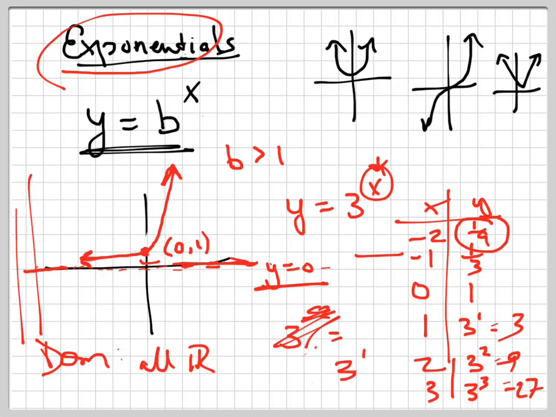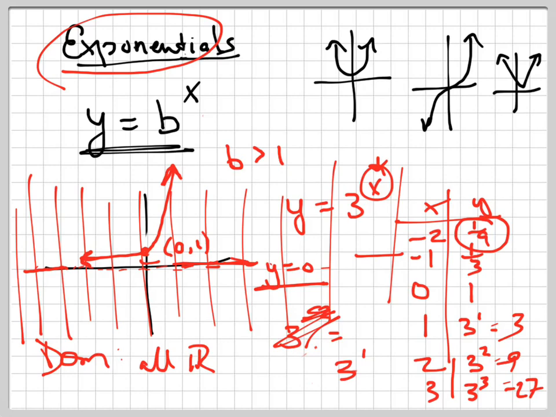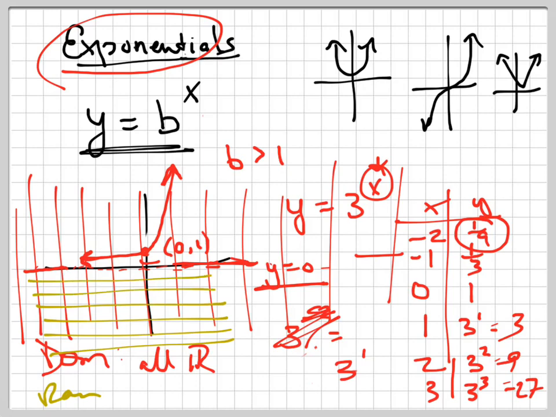If I do my little scan, every line that I draw in is going to eventually touch the graph. But what's the range? Is this going to touch down here? No, not until I get above 0. So the range is 0, comma, infinity.